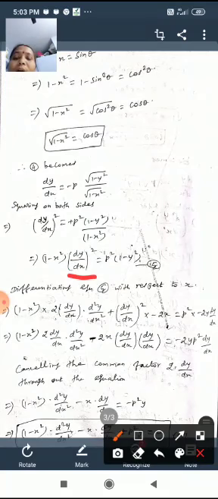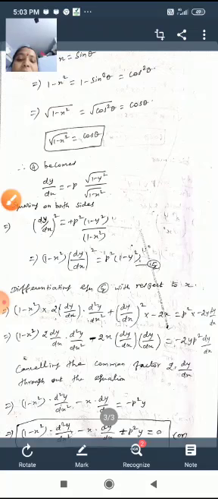Then we differentiate the other term, 1 minus x squared. The derivative of 1 minus x squared is minus 2x. Next, the right hand side, p squared into 1 minus y squared, whose differentiation is minus 2y, then into dy by dx.